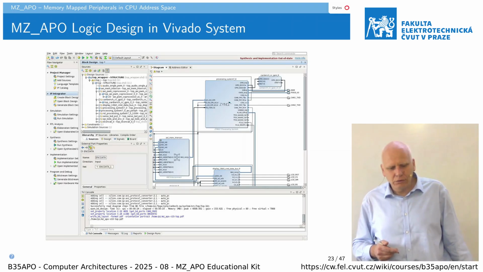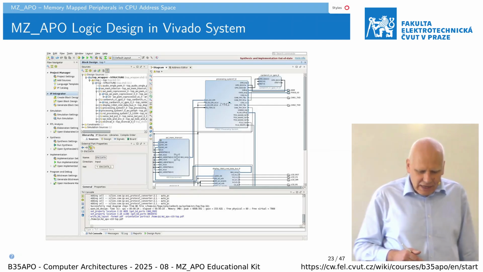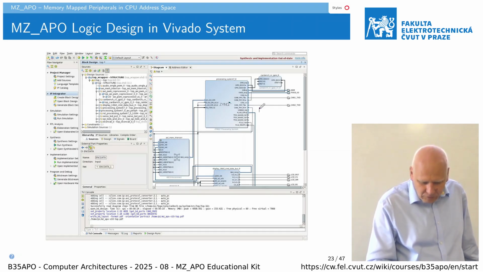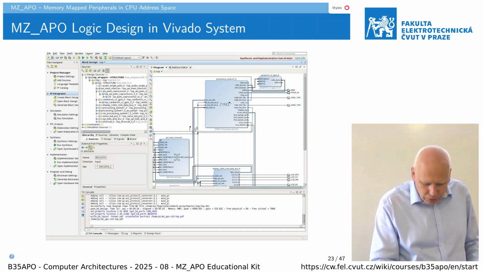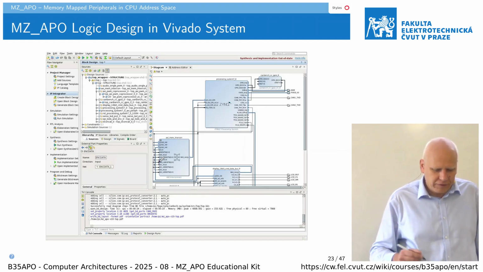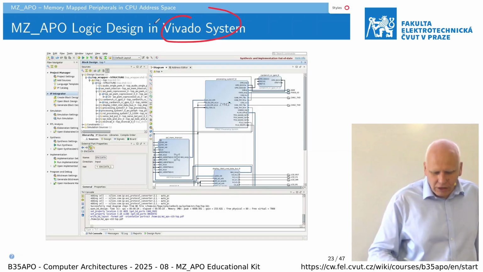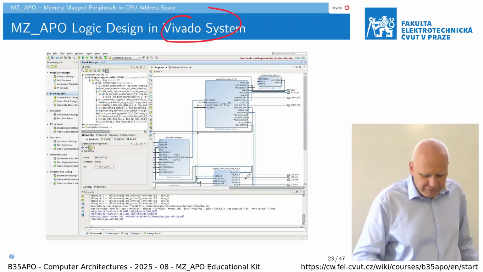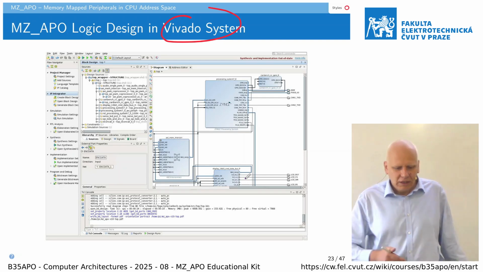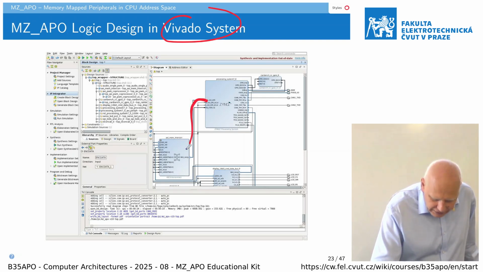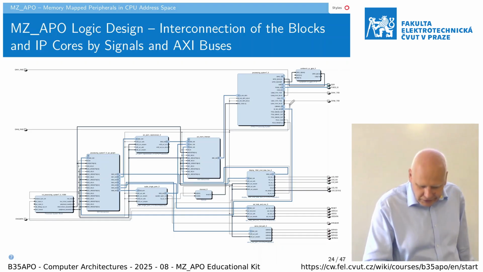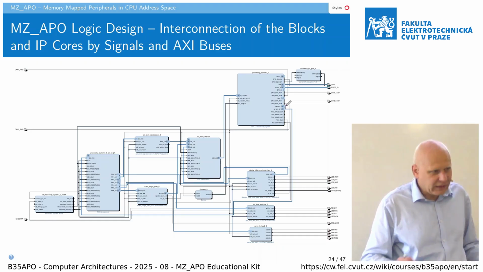So if you want to do a design, then it is relatively hard to implement it and to route each wire. So there is a tool, Vivado system, which allows connecting those peripherals and IP cores, so basically design blocks, together by a single link, which corresponds to the whole bus, and it automatically maps it.